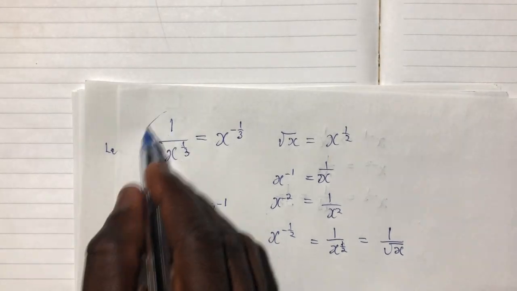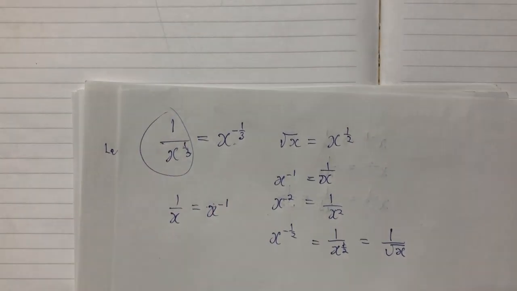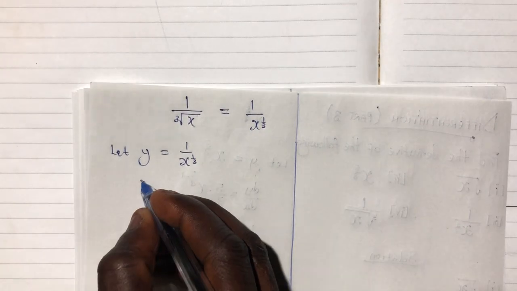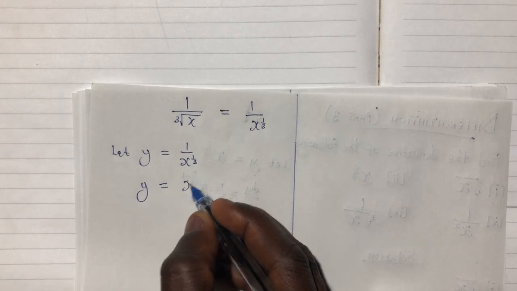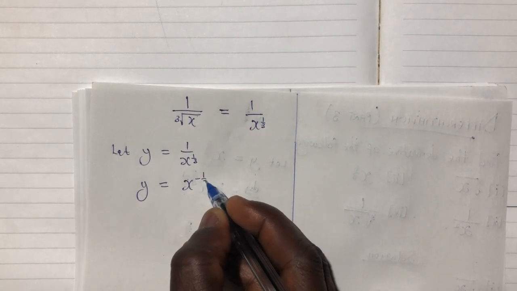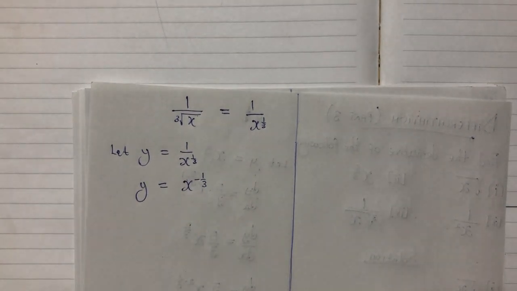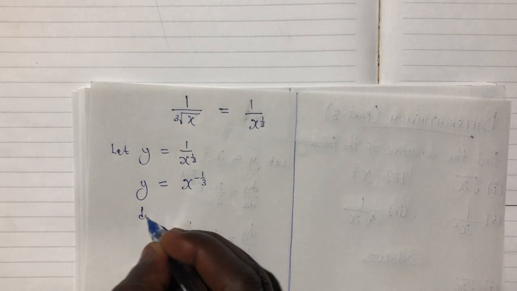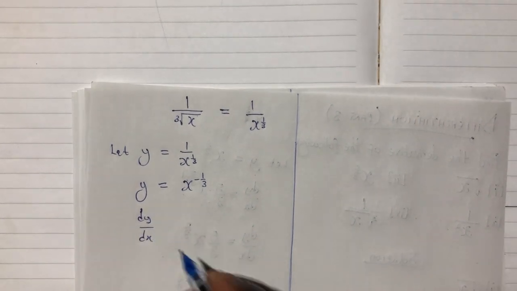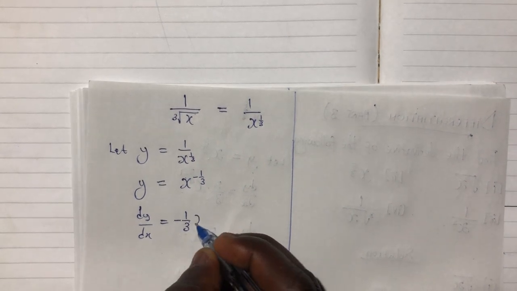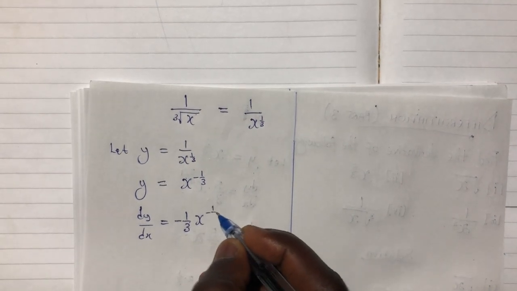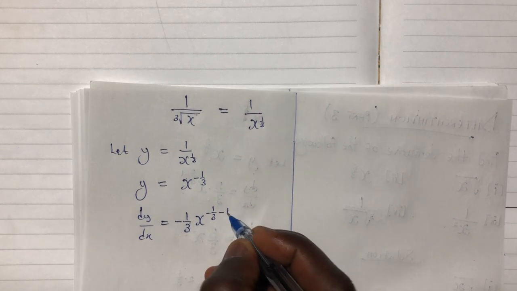So this is the same as this. Therefore my y equals x raised to the power negative 1 out of 3. Then we can now differentiate by saying dy out of dx equals negative 1 out of 3 x raised to the power negative 1 out of 3 minus 1.